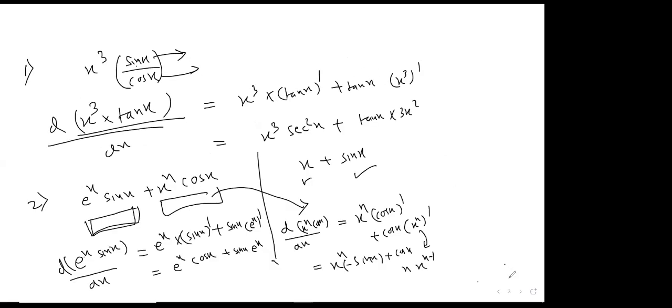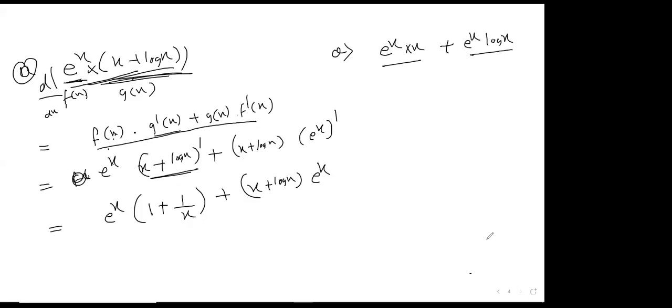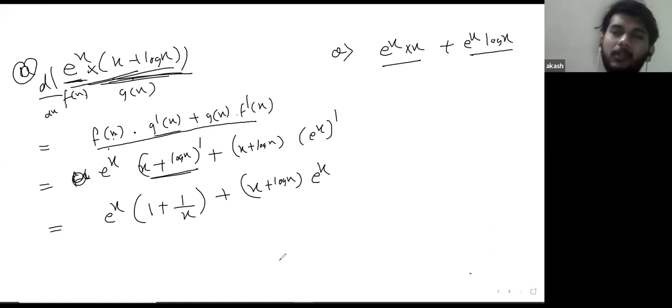Sir, do we have to add it at the end? Yes, but that is not the correct way to solve the question, but yes, you can do. Sir, after differentiating everything, can we add or do we have to leave it like that? No, you can add. All right, no issues, because see, differentiation is distributive.